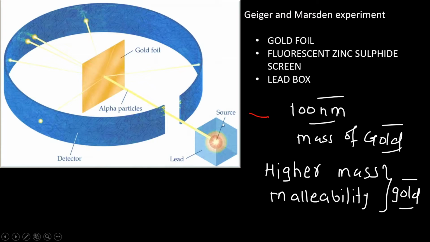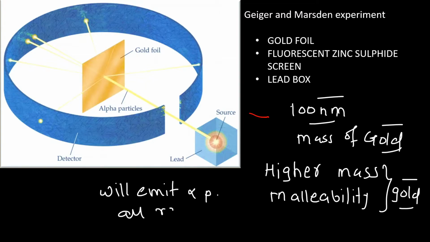He used the lead box to hold the source because this radioactive material emits alpha particles in all random directions, and if that happened, it would become difficult to analyze the result of the experiment. You would not realize which alpha particle was scattered and which came directly from the source and hit the fluorescent screen. So he used this lead box.